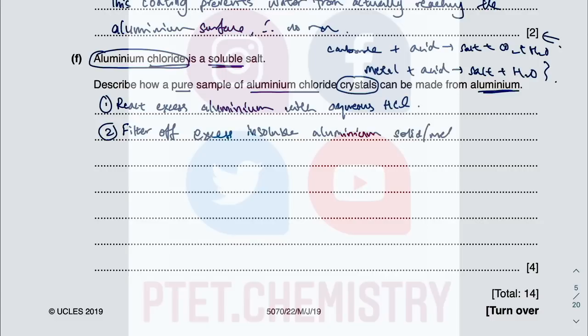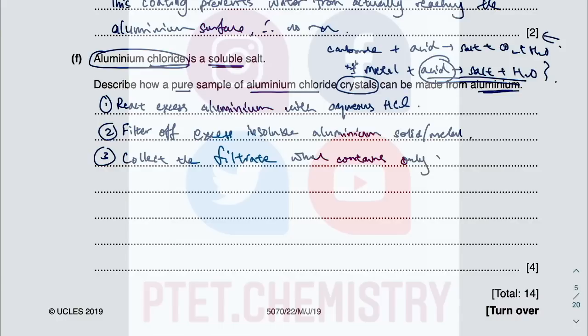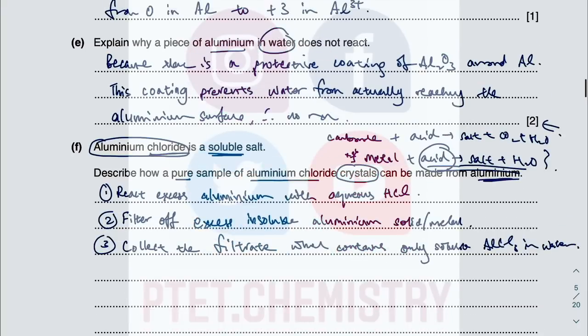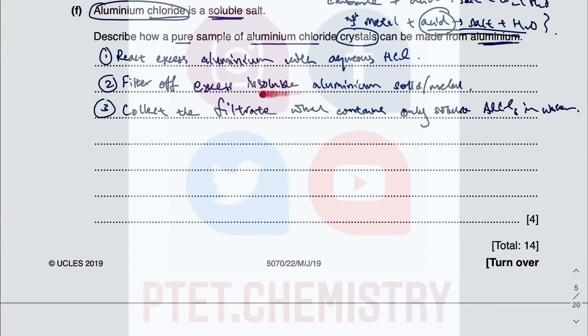What you want is in the filtrate, because all the acid is used up since you used excess metal. So collect the filtrate, the thing that passes through, which contains only soluble AlCl3 in water. There's no more acid because the acid is completely used up, and the metal that remains insoluble in water, because of that protective coating earlier, is just filtered off.